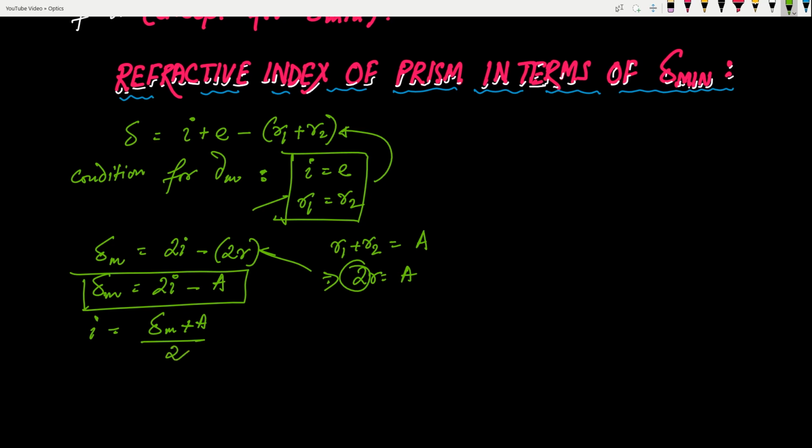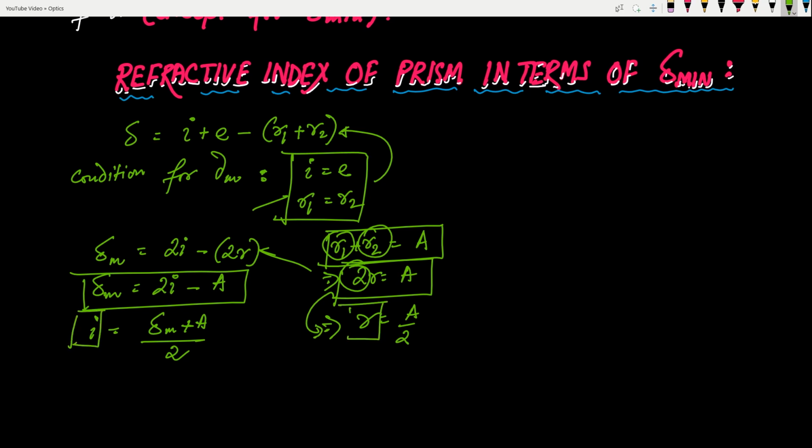Similarly, using R1 plus R2 is equal to A, for minimum deviation we know that R1 is equal to R2, therefore 2R is equal to A. From here we can write that R is equal to A by 2, isn't it? I hope this much is clear. So we got the value of angle of incidence and the value of angle of refraction.